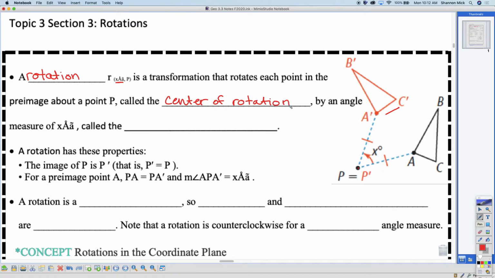Okay, by an angle measure of, and that's this right here, that all stands for just angle. So we're going to see 90, 180, 270, 360, okay? So if you want to write angle right here, or degree or something, you can. Called an angle of rotation.